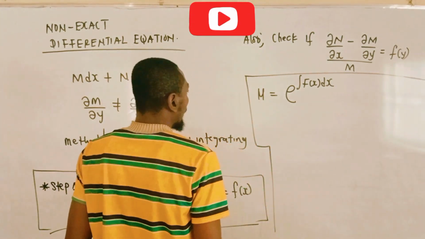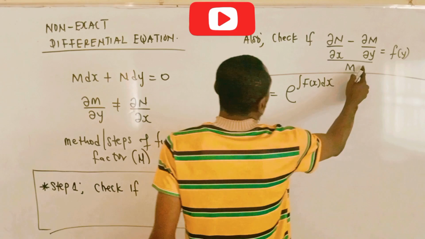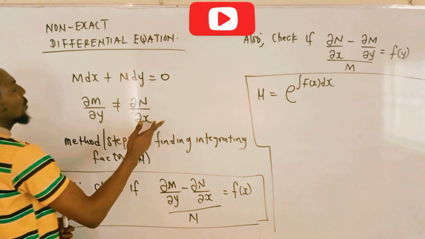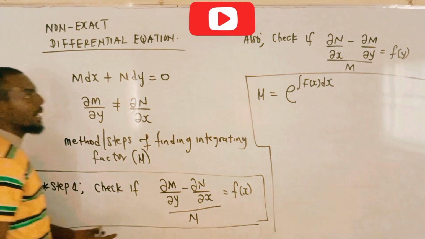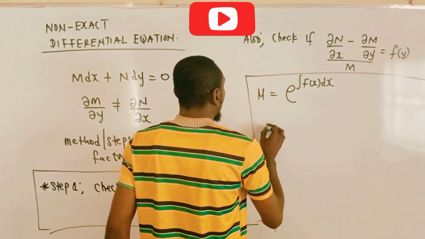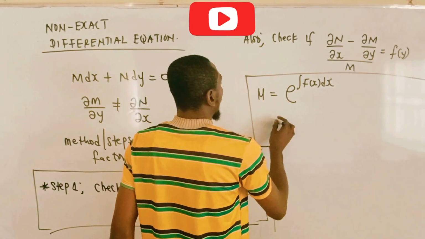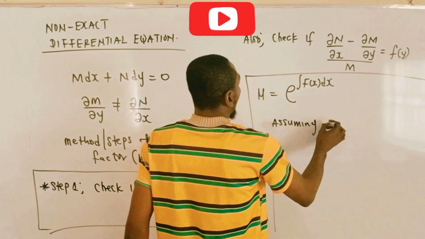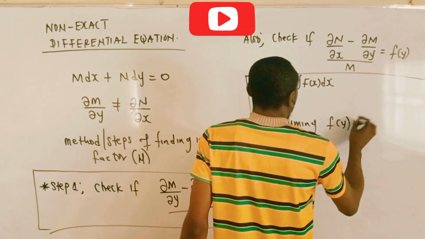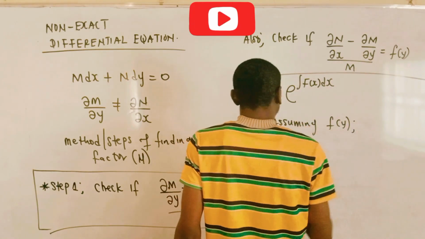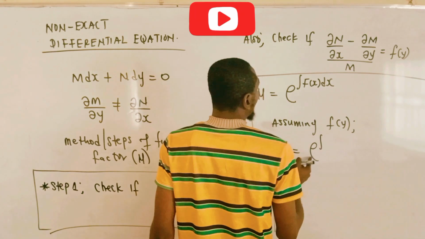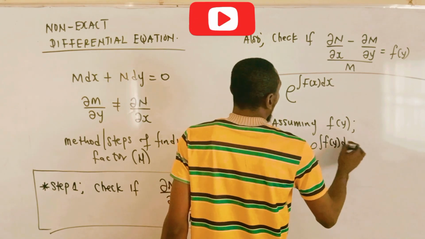Then if the partial differentiation actually gave us a function of y, that is when we do the partial differentiation of N with respect to x minus that of M with respect to y, divided by M, and at the end of the day we have a function of y alone, then assuming this term as f of y, mu will be equal to the exponential of the integral of f of y with respect to y.